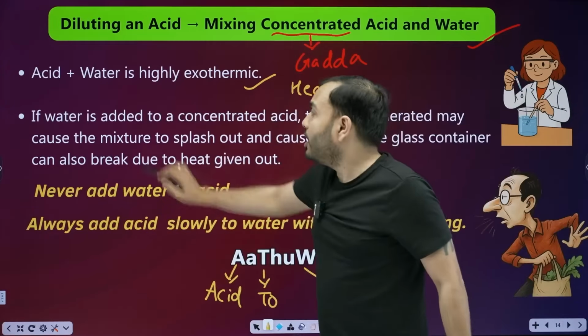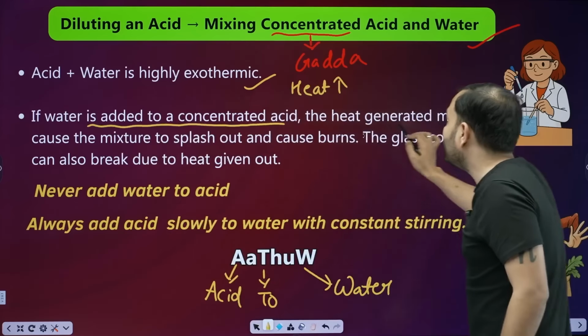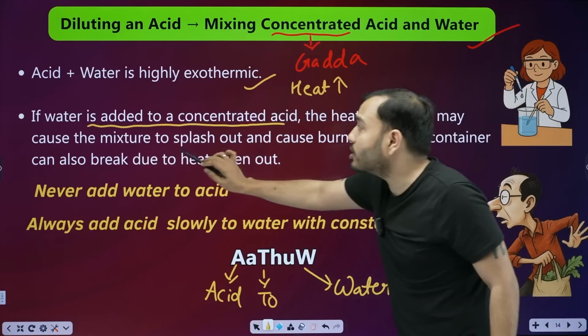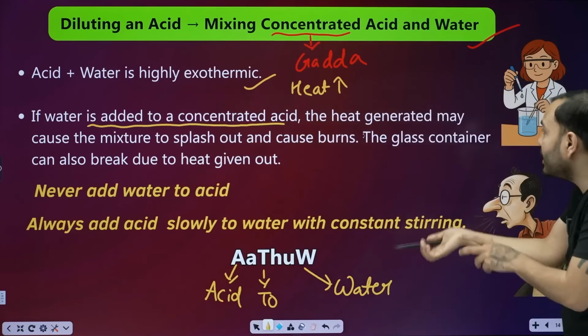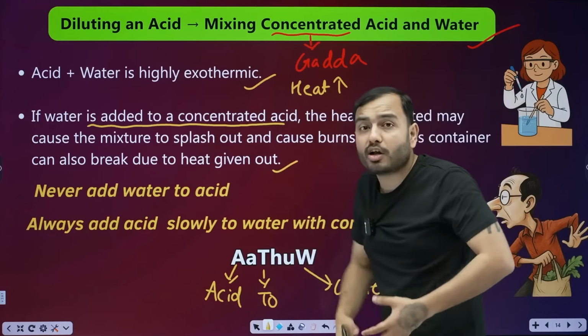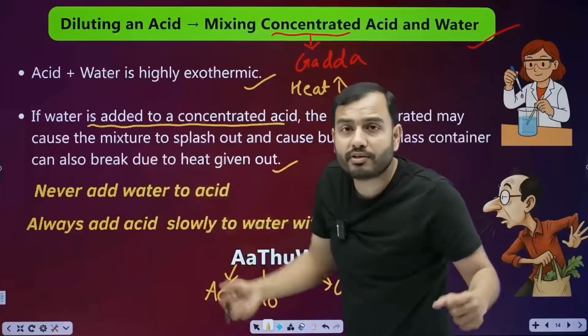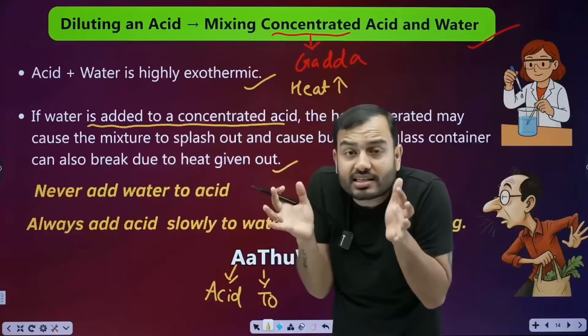You will burn. If water is added to concentrated acid, the heat generated may cause the mixture to splash out and cause burns. The glass container can also break due to the heat given out. The heat will be so much the glass will blow. Never add water into acid. Acid is very dangerous.